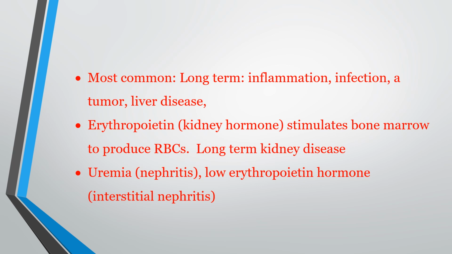If there is long-term kidney disease, the erythropoietin production will be affected, and so also the RBC production, leading to anemia. Another, if there is uremia due to nephritis, as well as the low erythropoietin hormone, both these things produce anemia. So when there is anemia, pay due attention to kidney disease also.